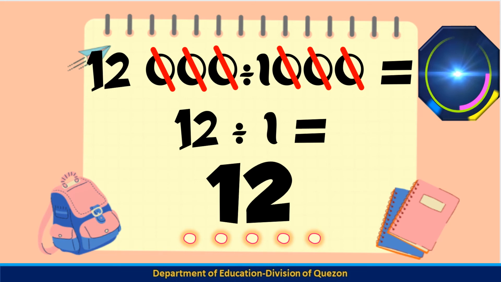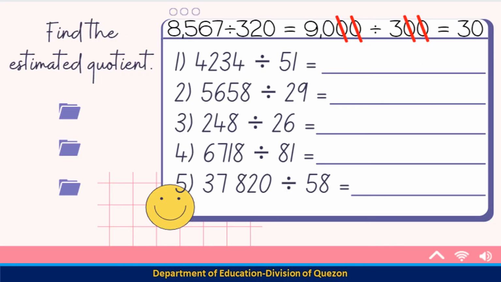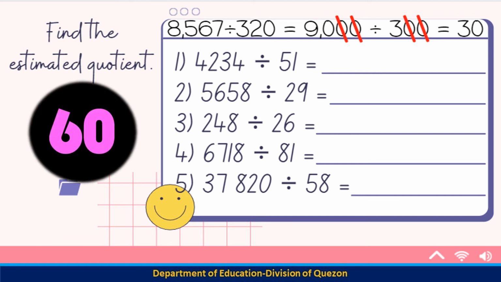Very good. Now, let us try to estimate the quotient. The first number here is done for you. I will give you 1 minute to answer these 5 items, and your time starts now.